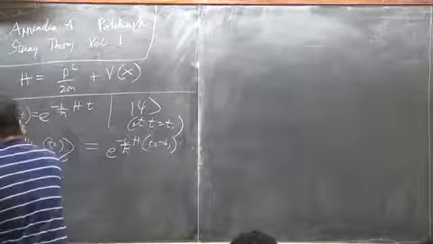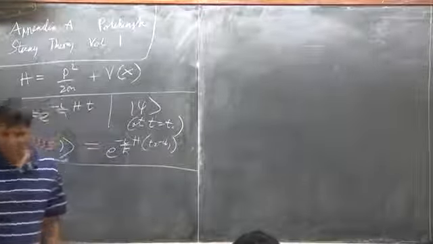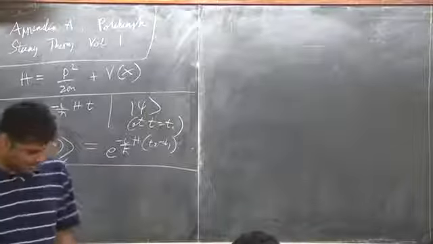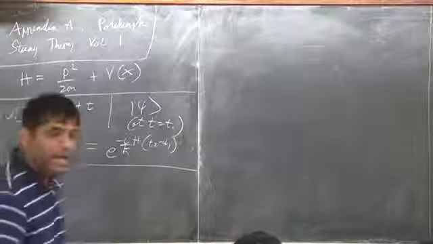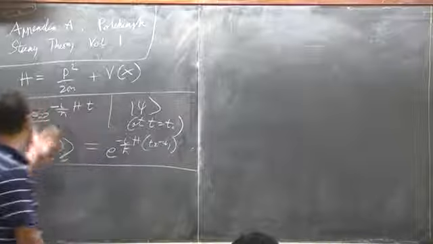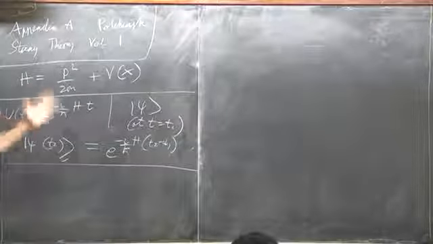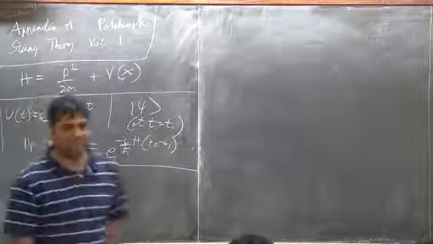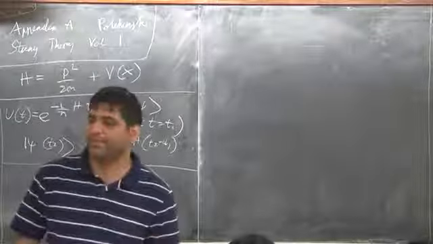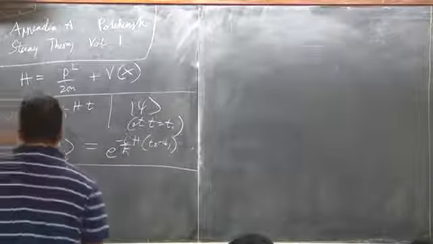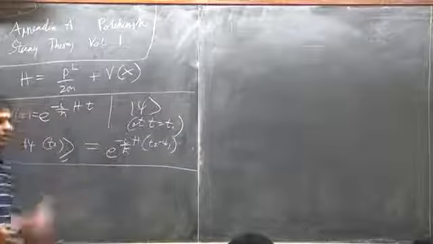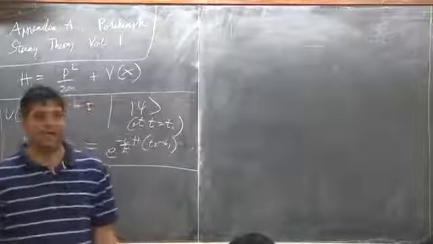Now, as all of you know, over 70 years ago, Feynman came up with a very nice path integral representation of this evolution operator, which we will now discuss. This is an operator. The operator has two indices.